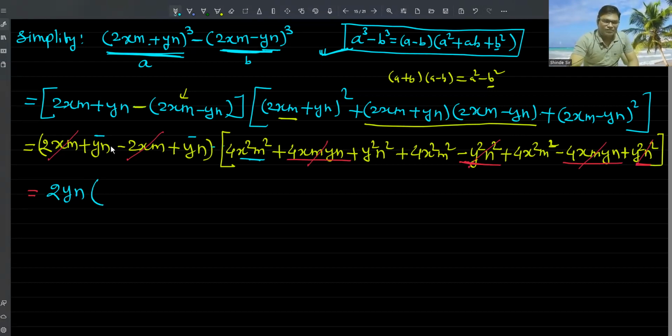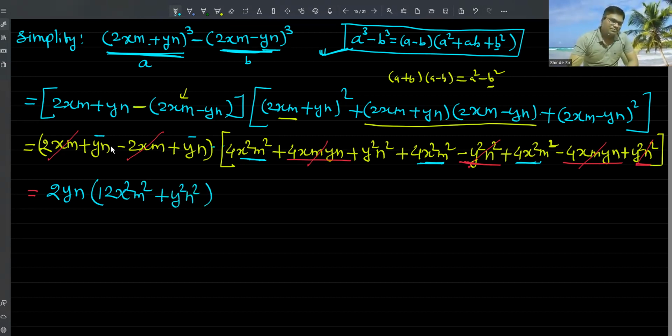So we have 4 times x²m² here, then 4 times x²m² here, and 4 times x²m² here. So we have 3 times 4x²m², and we are going to add them together. This addition will return 12 times x²m². Now the only term remaining here is y²n², so I'm going to write plus y²n².